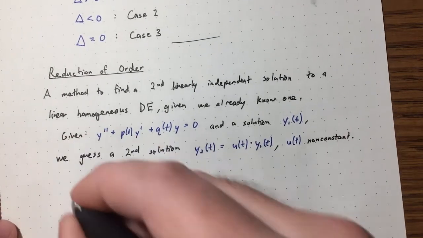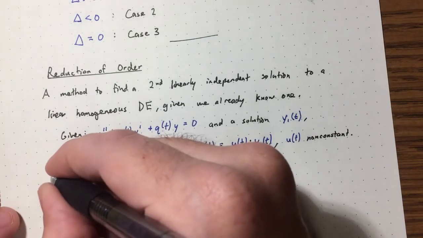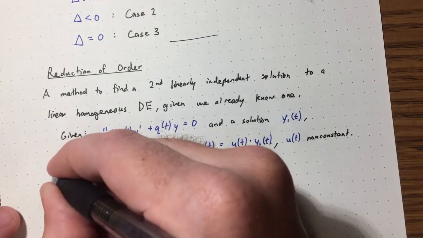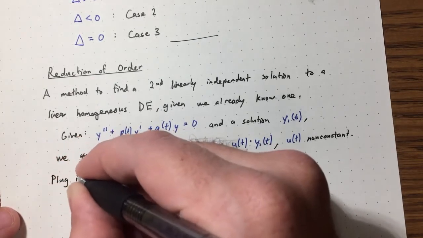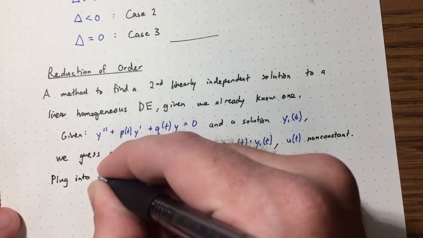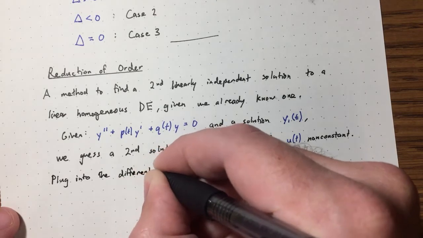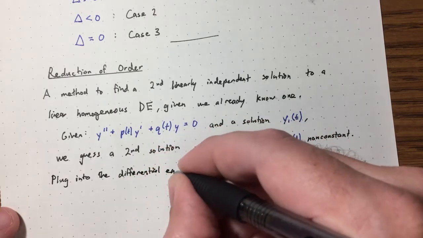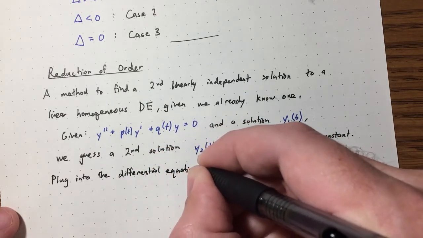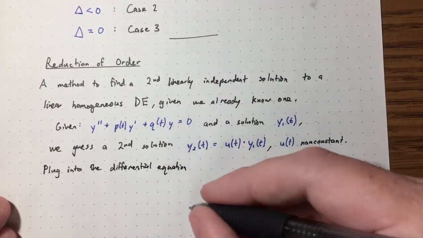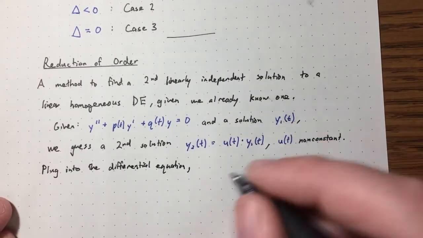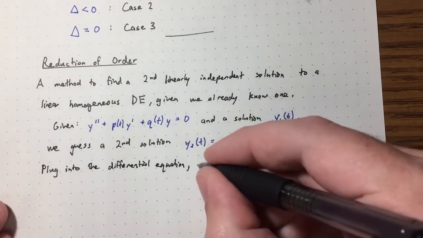And then the idea is we just plug this into the differential equation. What happened in our other case when we did this is we actually obtained a simpler differential equation.